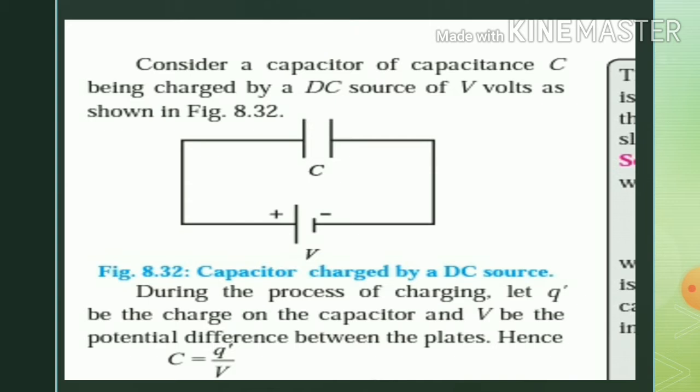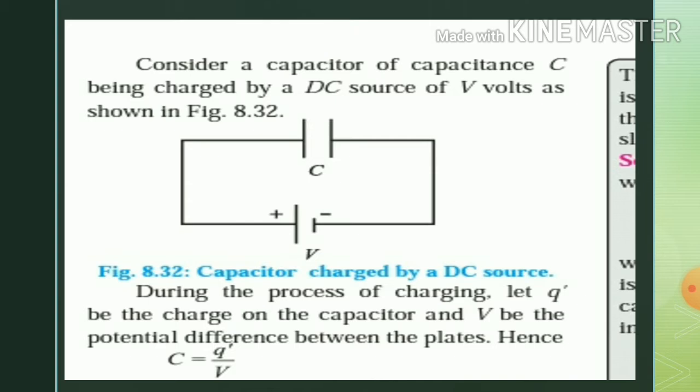Then we know the general relation between capacity, charge and potential. In the previous week's lecture, this concept was studied.